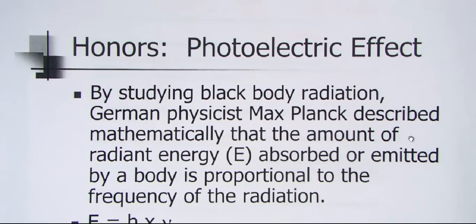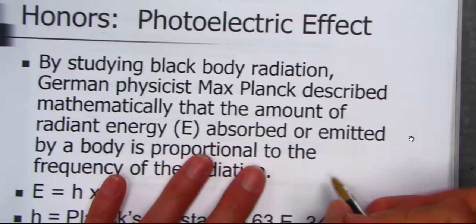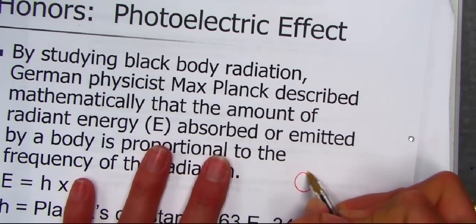This equation, energy equals Planck's constant times frequency, is often used to describe how much energy is being emitted or absorbed by an atom as its electrons jump up to higher orbitals or fall back to lower orbitals. Let's use a Bohr model just for simplicity.